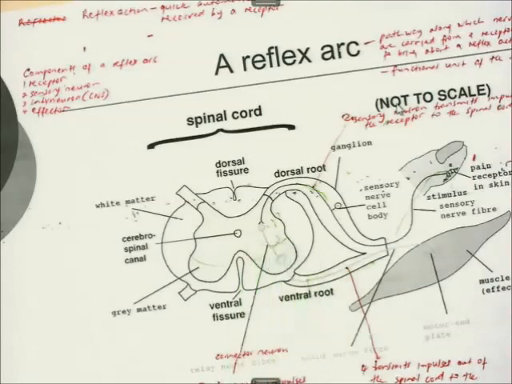The interneuron will transmit impulses to where? To the motor neuron. And then the motor neuron will leave the spinal cord via the ventral root to transmit impulses to where? To your muscle. And then the muscle will contract. So now when it contracts, it is going to be pulled away from a what? From a thorn pin.